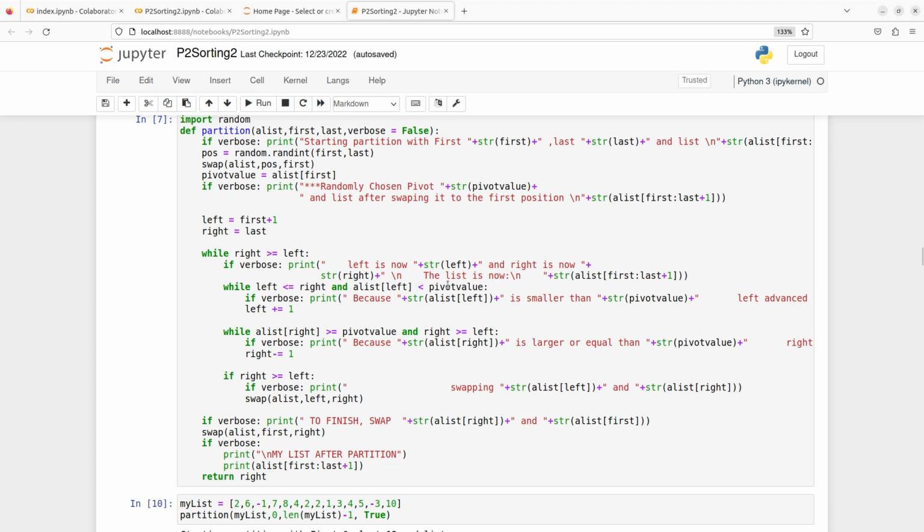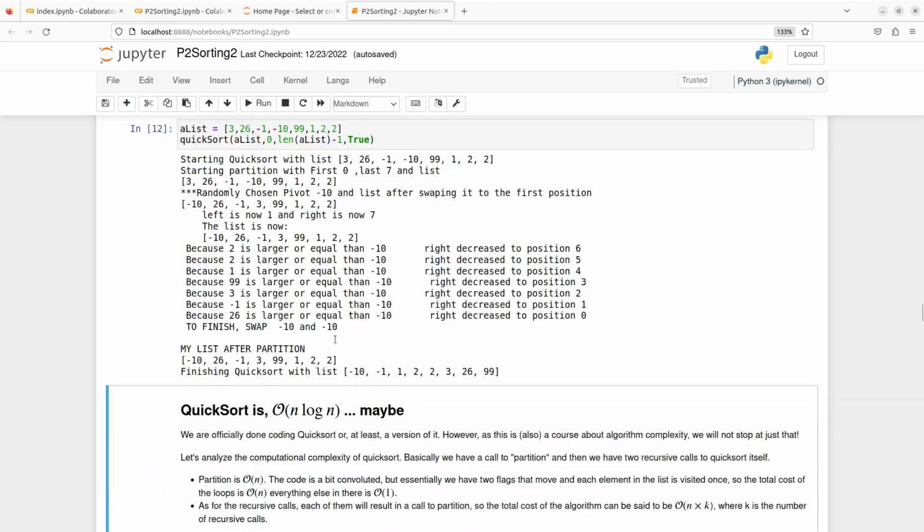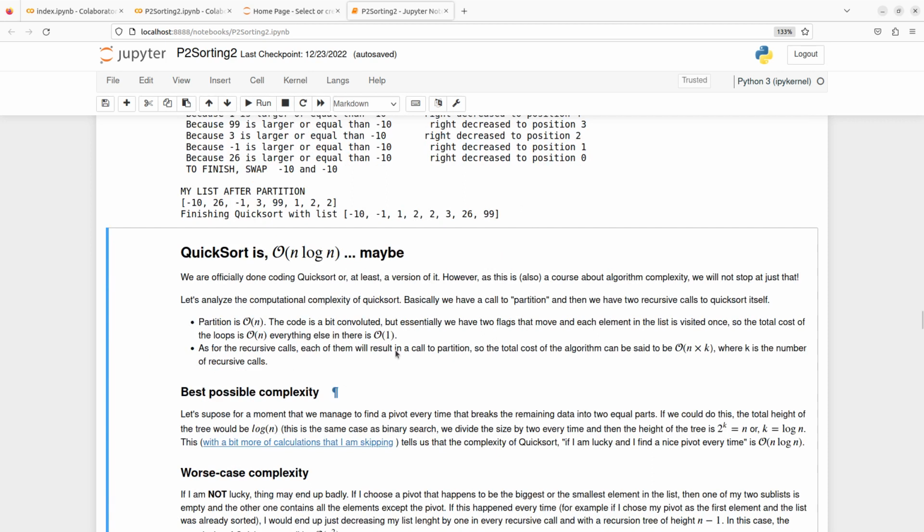Okay, so basically, although this is a little bit convoluted, no matter exactly what branch I get into every time, I end up visiting each element in the list exactly once. So if I end up visiting each element of the list exactly once, partition is linear, is O of n.